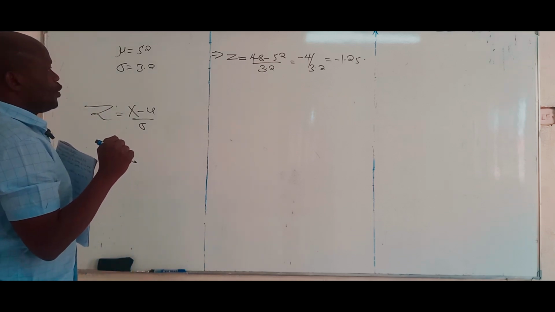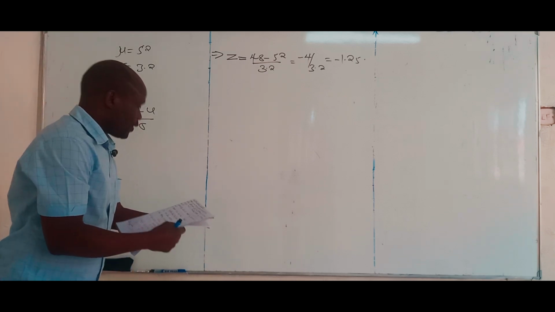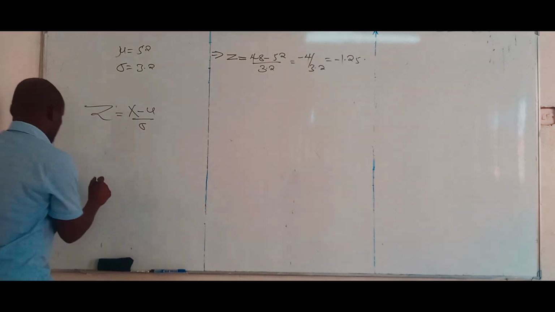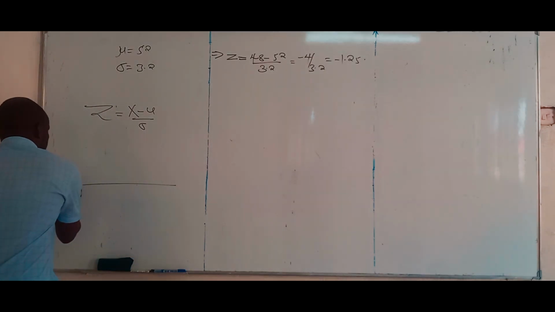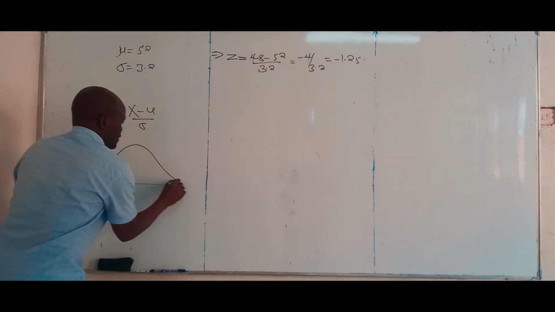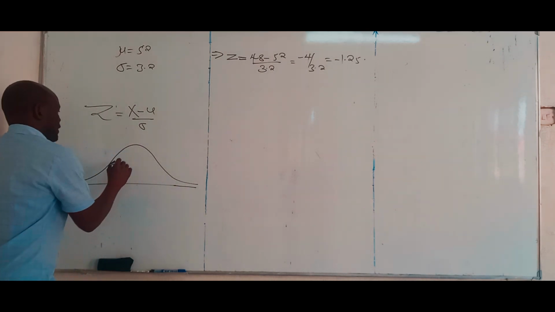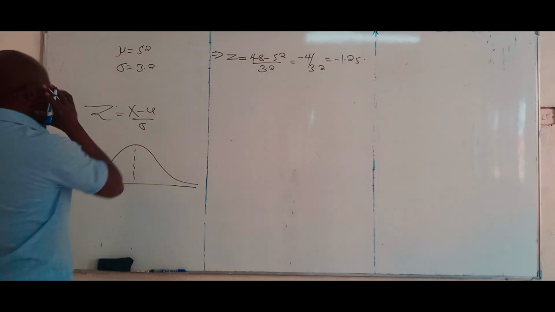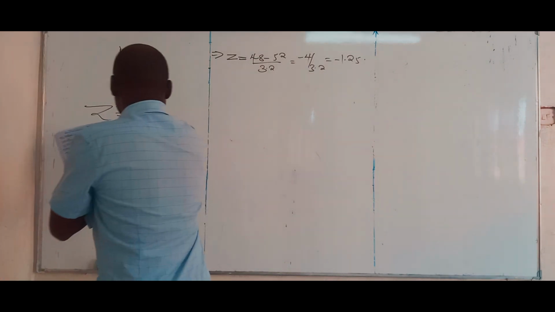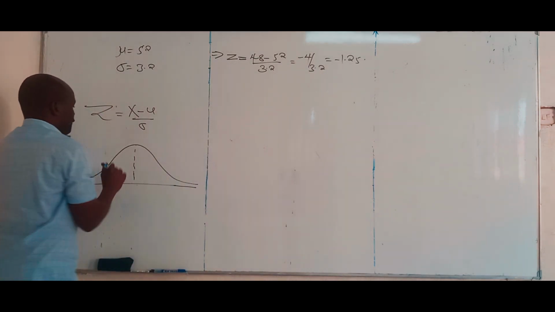So a sketch would look like this to assist us know what we are doing. Here is the mean, that's why we have 52.